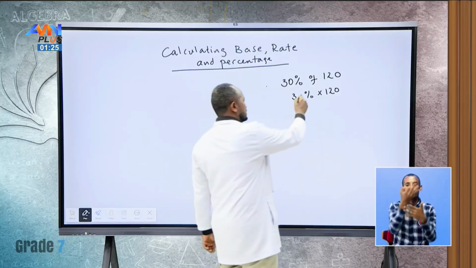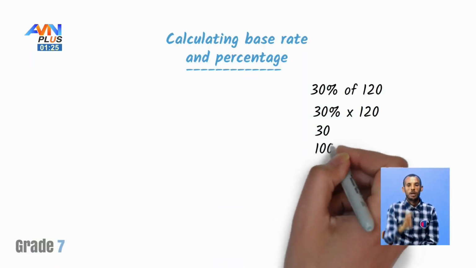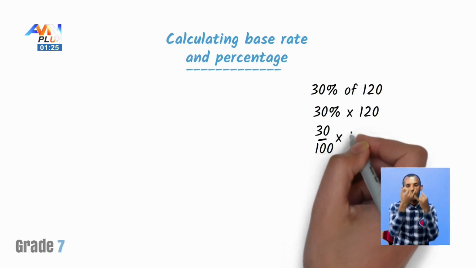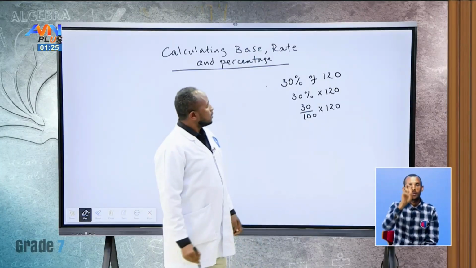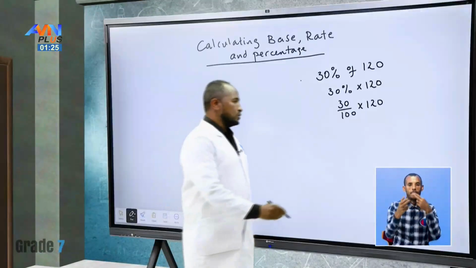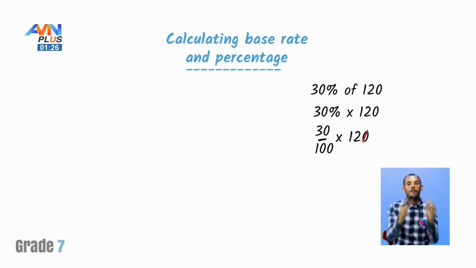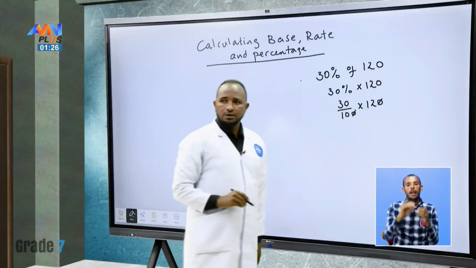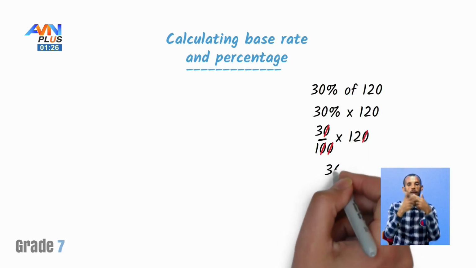It means 30 out of 100. So I can write this 30 over 100 times 120. When you multiply these two, you can divide by 10, or cancel 0 by 0. Again here. So you have 3 times 12. You have 36.